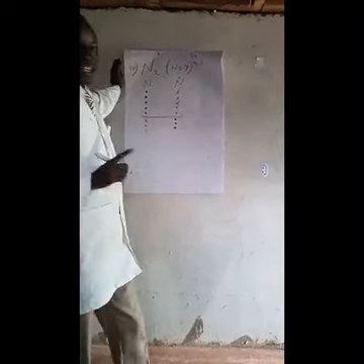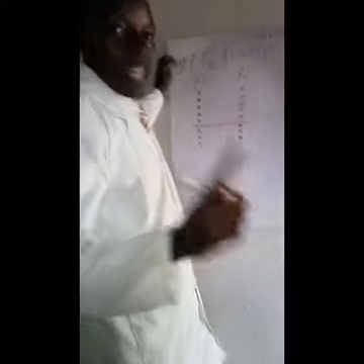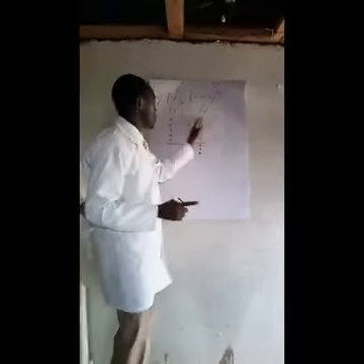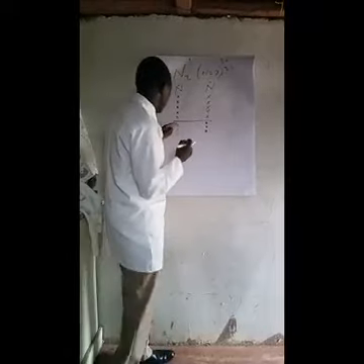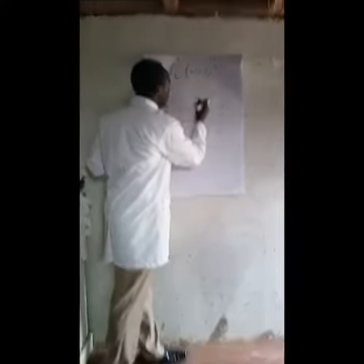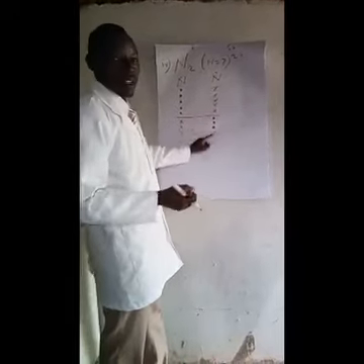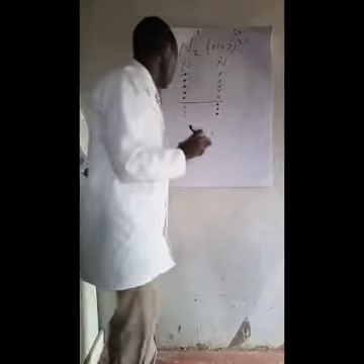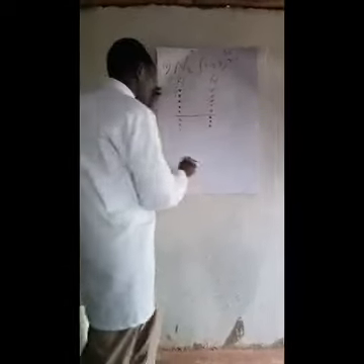Once you have put here 3 crosses, then you take out 3 crosses from this other side. You cancel them out. You have 3 dots here, 1, 2, 3.